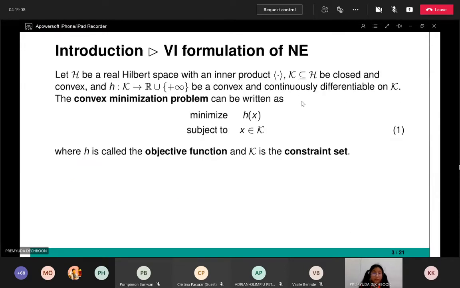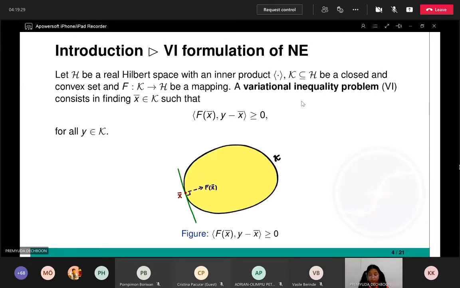We can see that the previous concept is written as a minimization problem. When we consider a closed and convex set, and the function h is convex, we can have a convex optimization problem. And we know that there is a relation between the convex optimization problem and the variational inequality problem. That's why in this work, we consider the variational inequality problem.